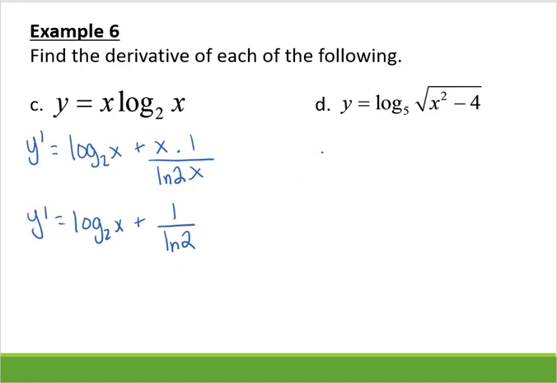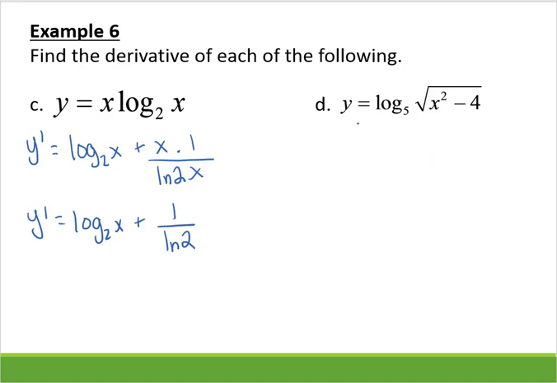For D, we could do this a couple of different ways. I'm going to do it the original way that I did when I made my notes. There's also another way you could do it using logarithmic differentiation, which I'm going to go through on the next slide.